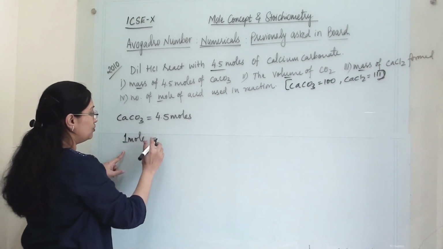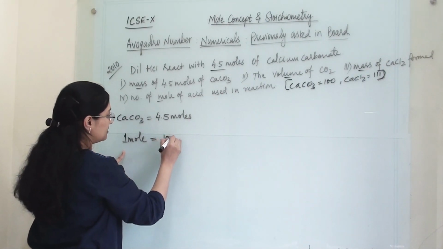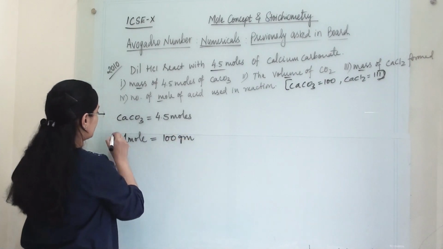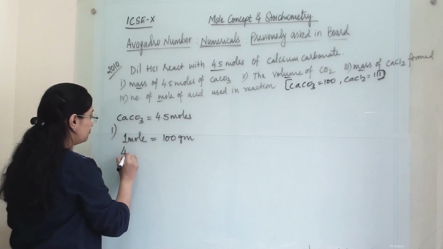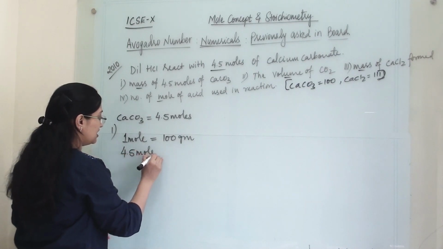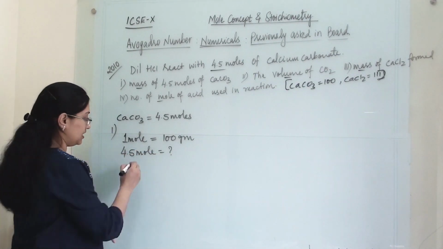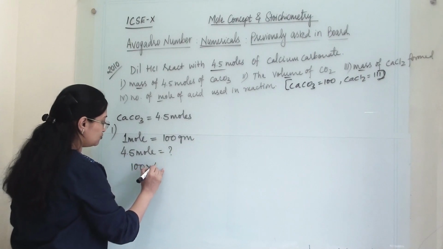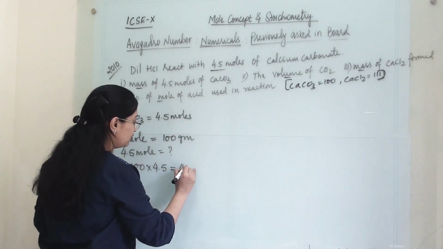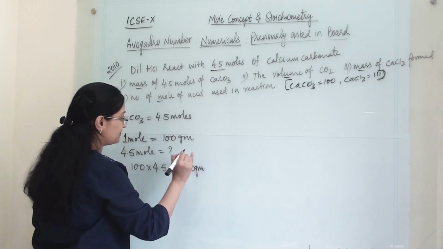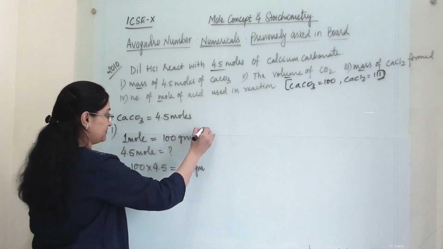So for 1 mole, its weight will be 100 gram. This is first thing we are finding out. Then for 4.5 mole, how much it will weigh. So 100 into 4.5 will give us 450 gram of weight.